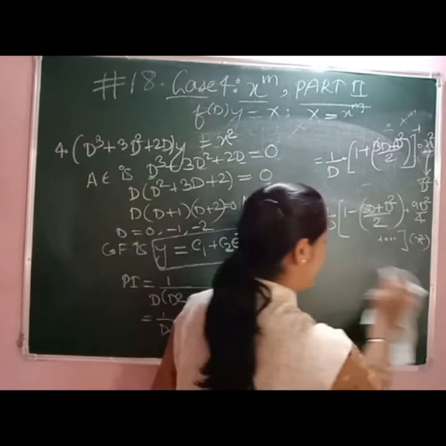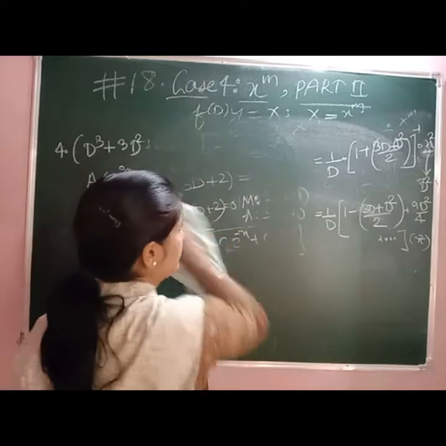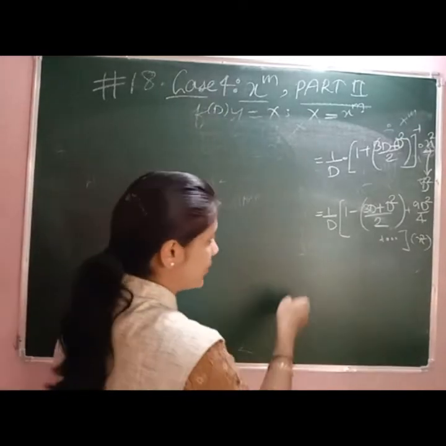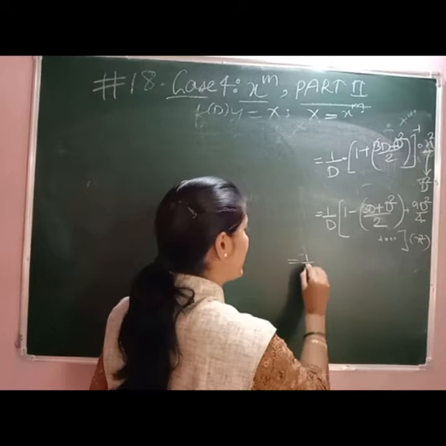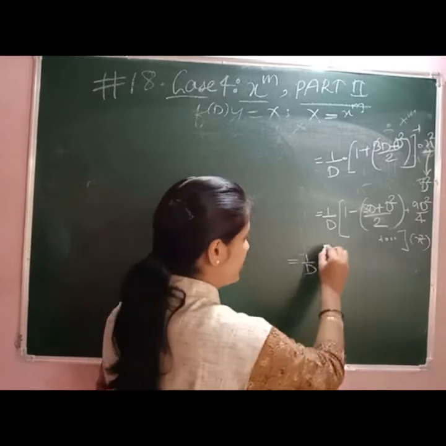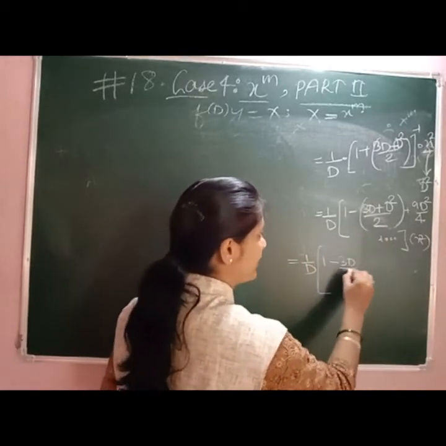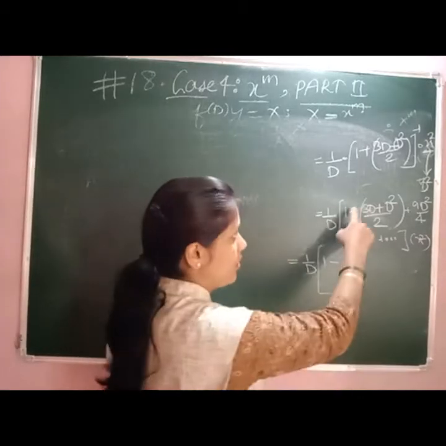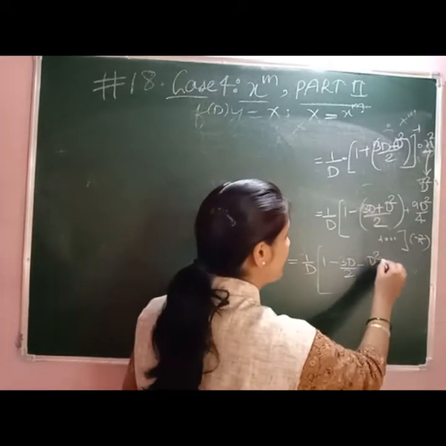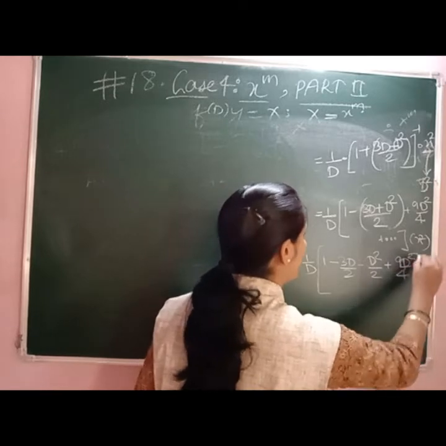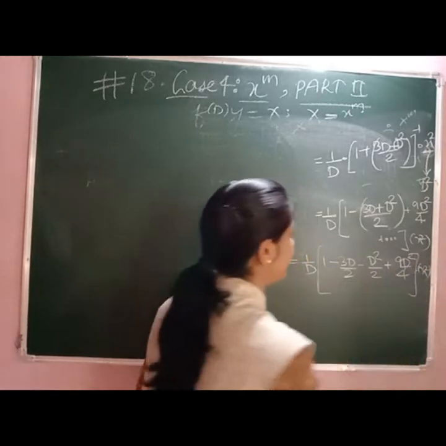So this can be written the same way. Easy calculation it is. It can be written as 1 by d outside as it is. So 1 minus 3d by 2 minus 3d by 2 minus d square by 2 plus 9d square by 4 into x square.